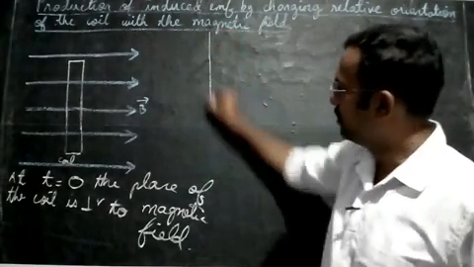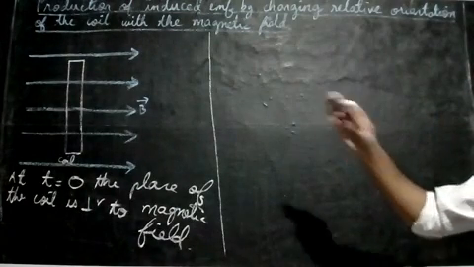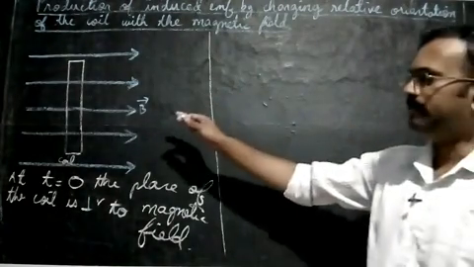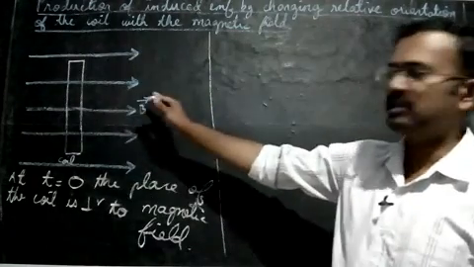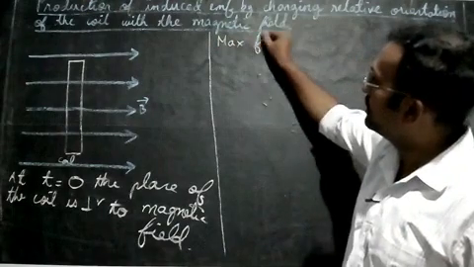You can go to the topic about flux linkage in the magnetism lesson, or in this chapter you will see how the flux linkage is maximum. In this case the maximum flux linkage happens here.